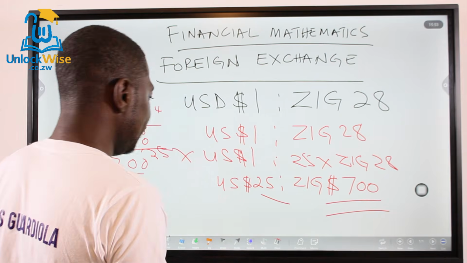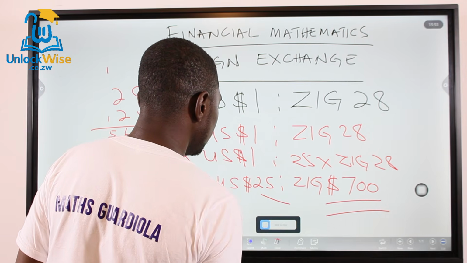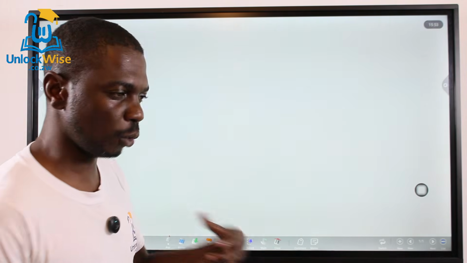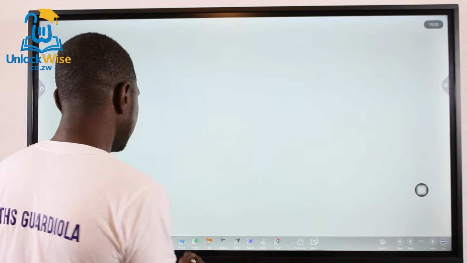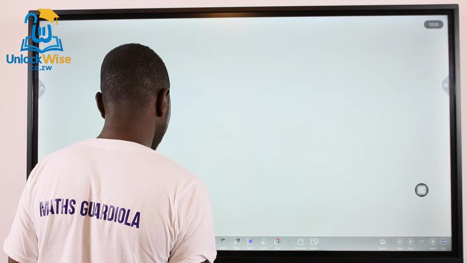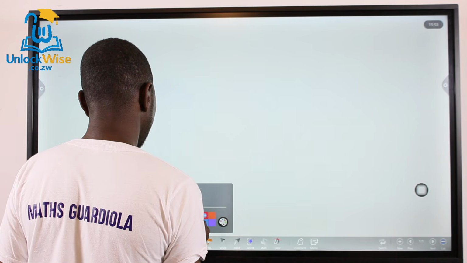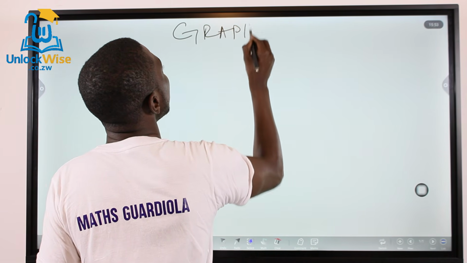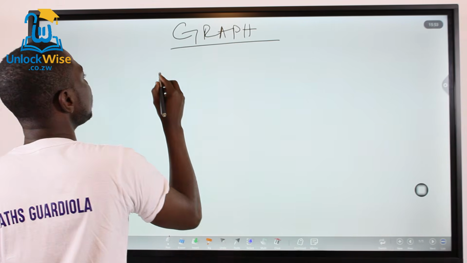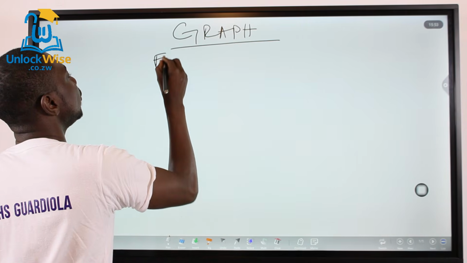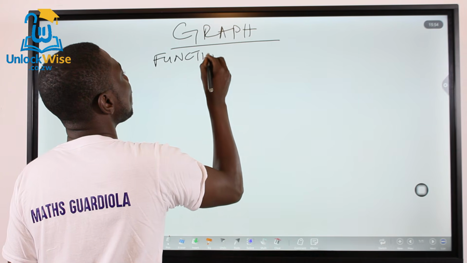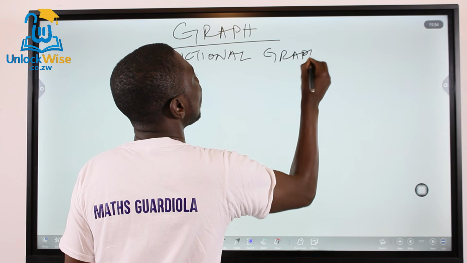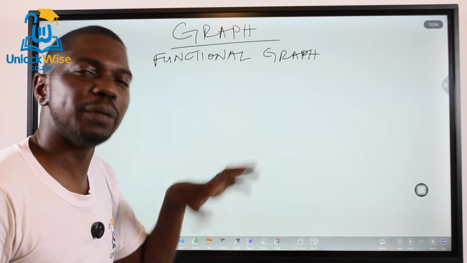So from there, we are going to move to one of my favorite topics, which is graphs. And under graphs, I will specifically talk about, under graphs, we have what are known as functional graphs. A favorite in paper 2.